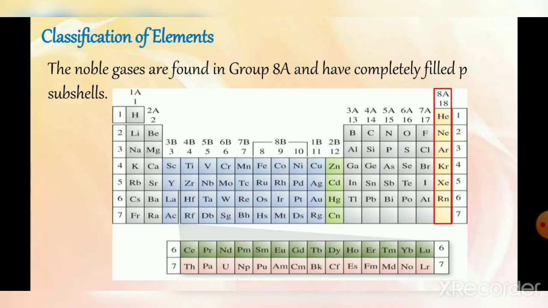These are the gases categorized into group 8A, and if you look at their outermost shell, you will notice the p subshells and electrons are completely filled in their outermost shell. Therefore we call them non-reactive, and they will not take part in chemical reactions also.